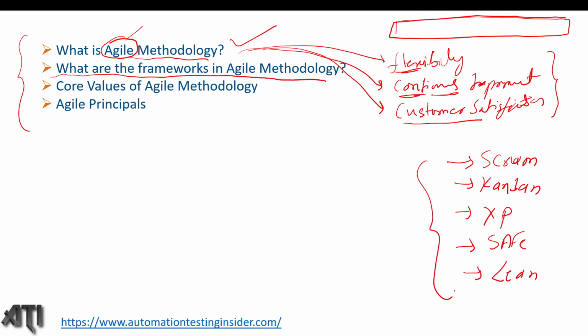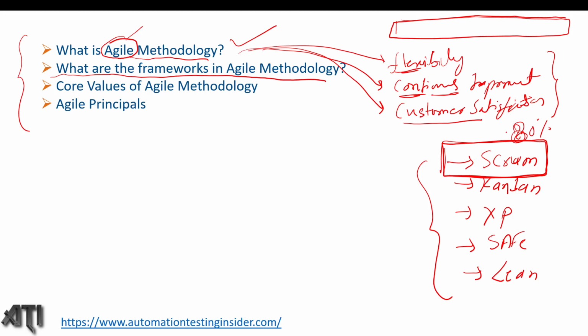So these are the different frameworks we have. There are some other frameworks also available, but primarily we have Scrum and Kanban, right? And the most popular is the Scrum framework. Like 80% of the time we are using the Scrum framework.